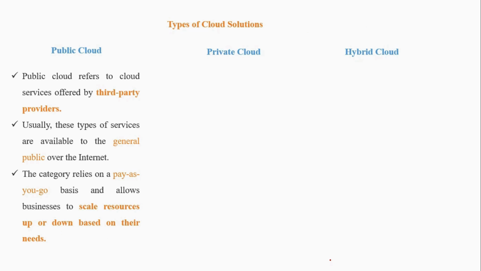It's metered on a daily basis. So if you're running your services all day in a week, then you would be metered depending on the usage. We can scale up and scale down the resources based on our needs. It totally depends on the organization's decision.